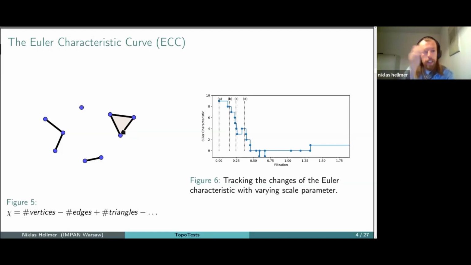And as you increase this threshold parameter, this proximity parameter, you add in more simplices, you get the Euler characteristic as a function of this proximity parameter. And this is the Euler characteristic curve.